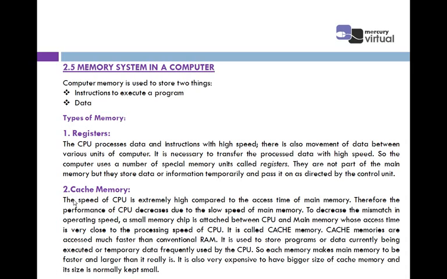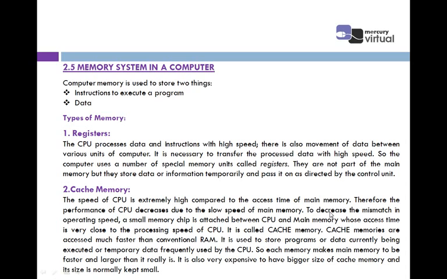Another one is cache memory. This is also known as cache memory, or the cache memory, anything. The speed of a CPU is extremely high compared to the access time of the main memory. Meaning the speed at which the CPU performs the operations is much higher than the access speed of the main memory.